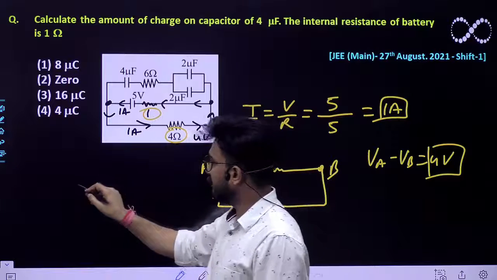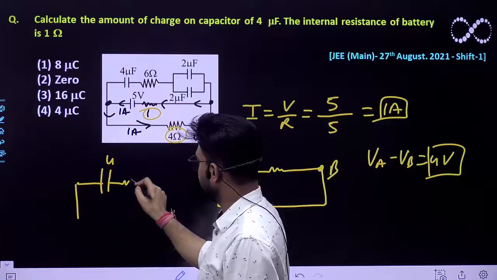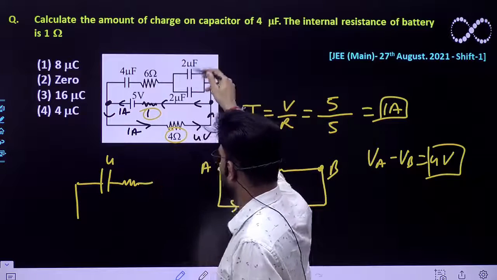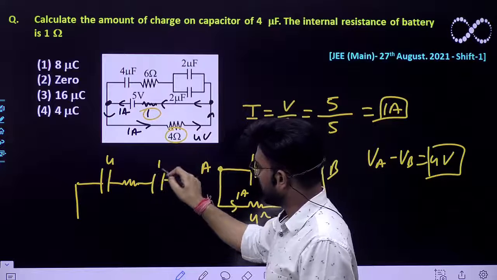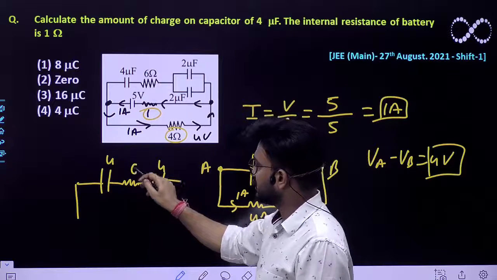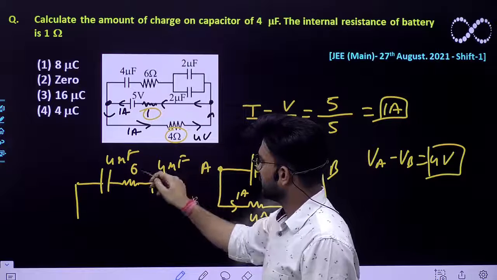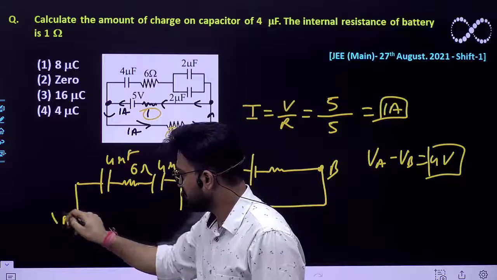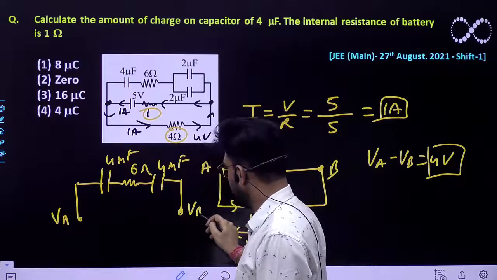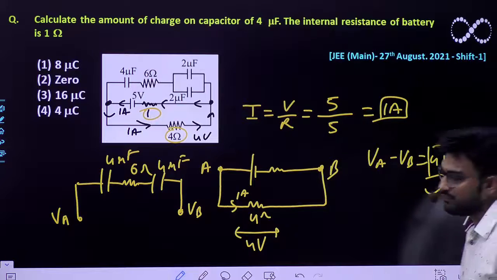In the upper end you would have a 4 microfarad capacitor, and these two are in parallel, so they would be added up, so it would be equivalent to 4 microfarad again. And this is 6 ohm, and it is connected to the potential of VA and VB, and the potential drop across these two must be equal to 4 volt.